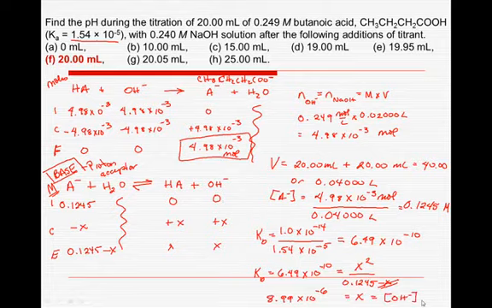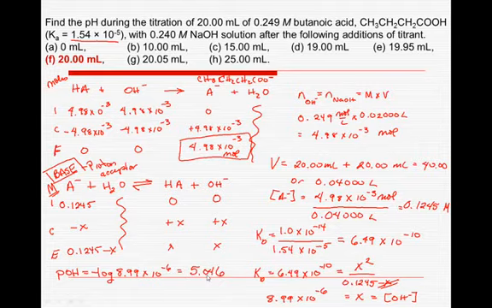So we can first get the pOH. I'll come over here to the left to do that. pOH is equal to the negative log of the number we came up with, 8.99 times 10 to the minus 6. This is going to give me a value of 5.046.